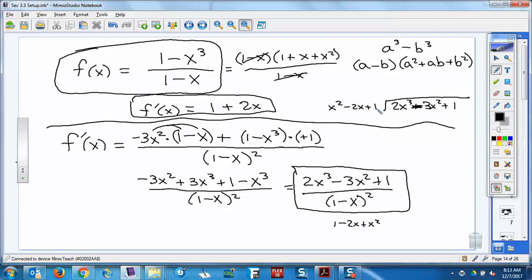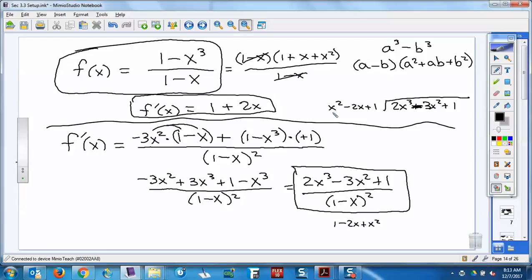Remember long division and synthetic substitution and stuff like that in Algebra 2? It turns out, since we do think that this is equal to this, we can divide those. You're not going to do this on the unit test, right? You're going to be able to stop right here. And go ahead and get your calculators out while I do this.